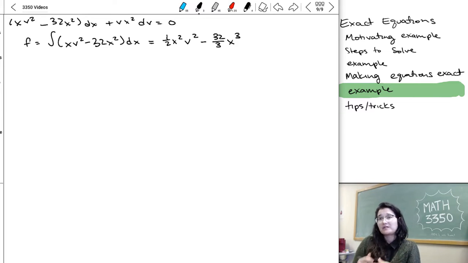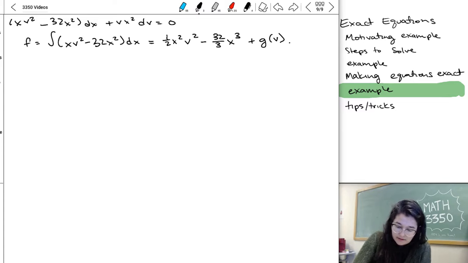Since we were integrating with respect to x, there's some function in here that depends on v that we don't know what it is yet. But g is going to be whatever f is, minus the part that we did find already.